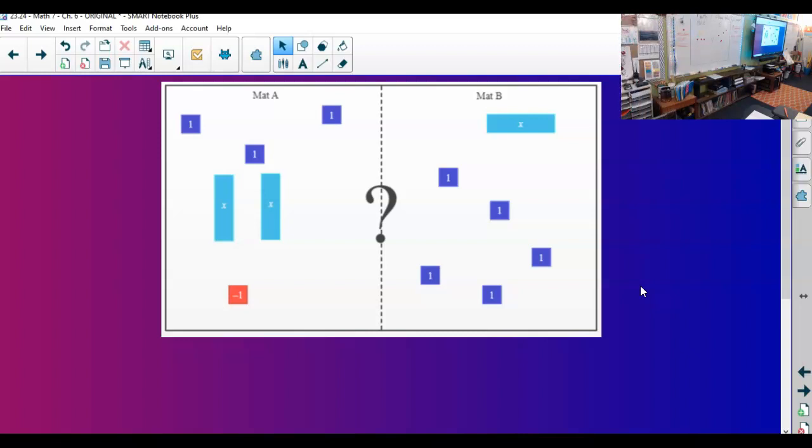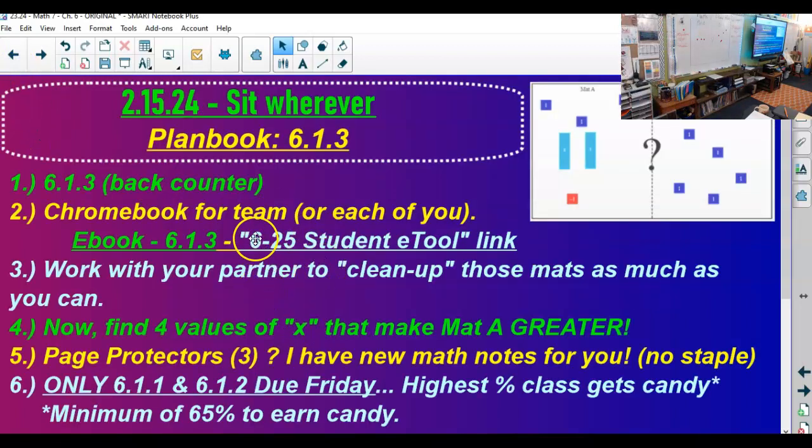All right, you should be in your ebook that hopefully you're familiar with now. I know we skipped a couple problems to get there, but you should be at problem 25 in the student e-tool. These are your directions up here, so I'll leave this screen up while you and your partner are talking about it.